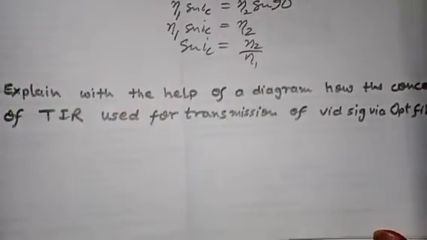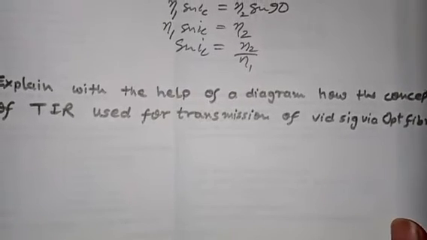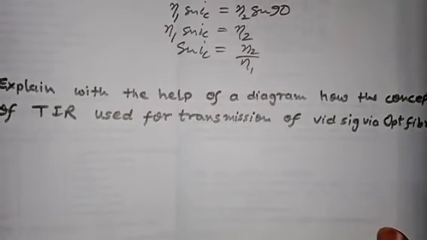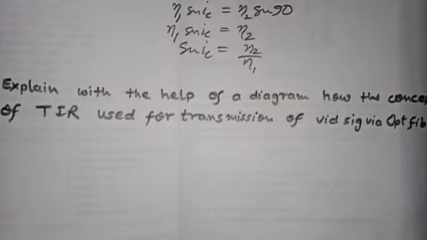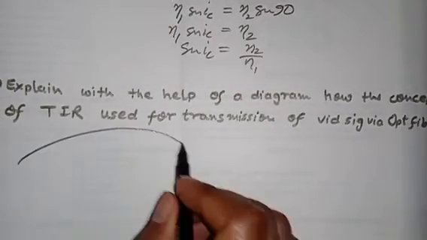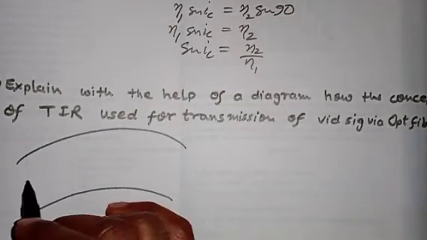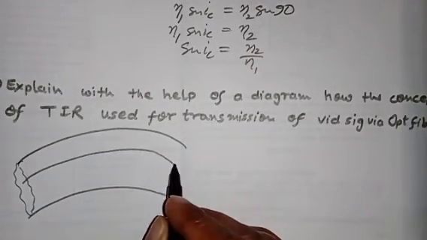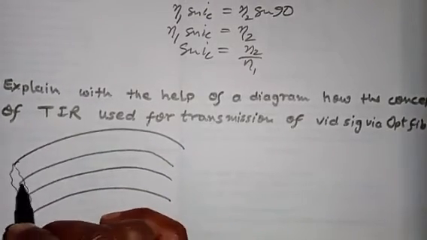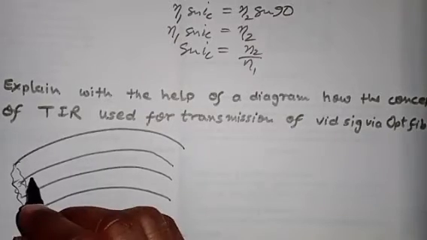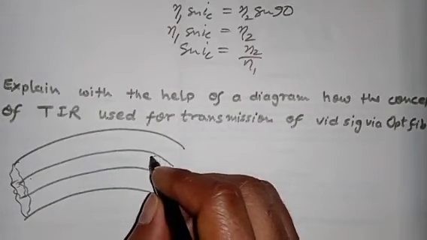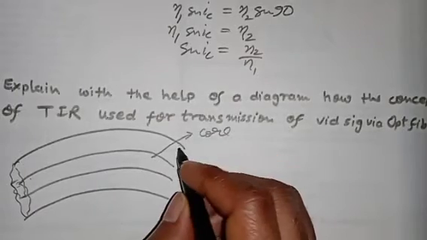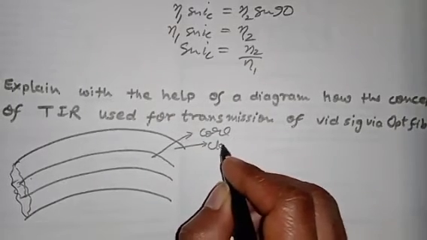Next, explain with the help of diagram how the concept of TIR is used for transmission of video signal in optical fiber. So here we have optical fiber. It has a central part called core and outer part called cladding.